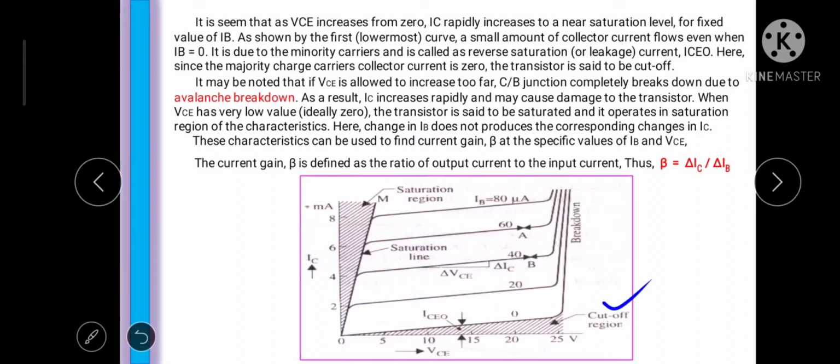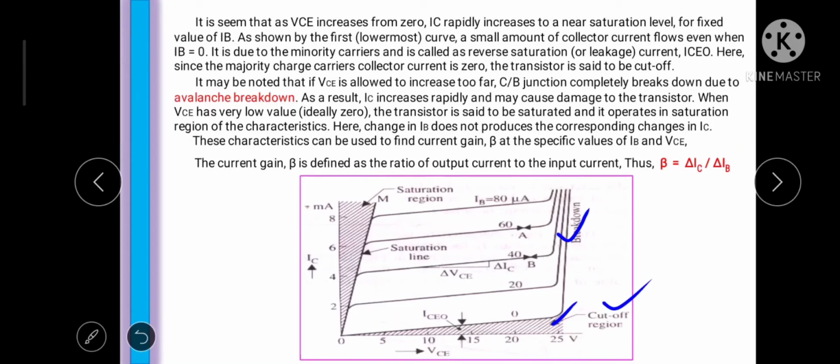Here we have to note one thing, that if the value of VCE, for example, is increased beyond this 25 volt, the collector base junction may completely break down due to the avalanche breakdown. As a result, IC increases rapidly and may cause damage to the transistor.